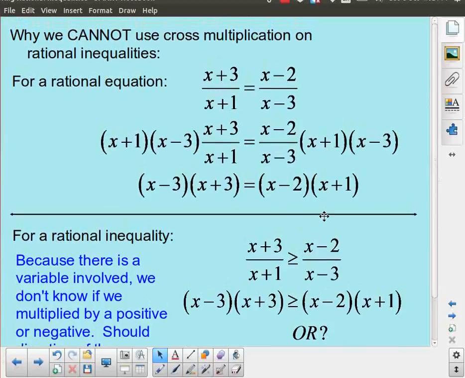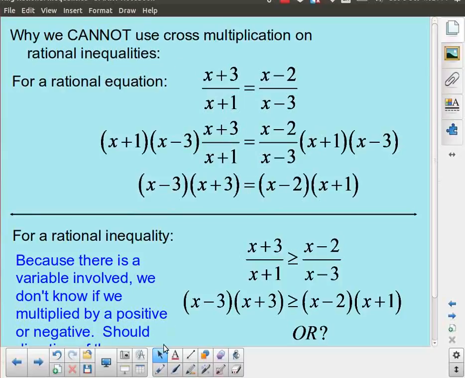Let's talk about why we can't do cross multiplication, first of all. In a rational equation, you're allowed to use cross multiplication, and I alluded to this, and I even did the first couple of steps in a previous example in a previous lesson. So if I want to solve this equation, I can use cross multiplication so long as I stay aware of the restrictions.